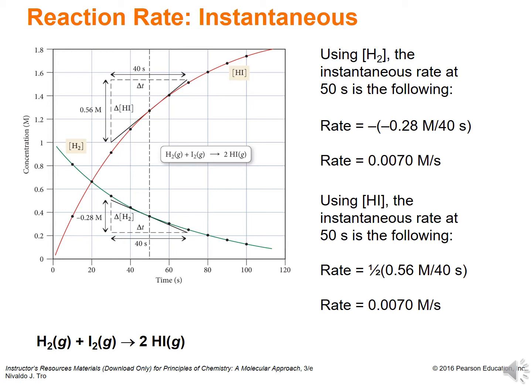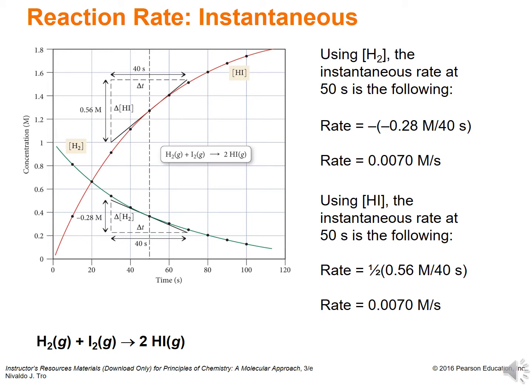In this case, first, let's look at the H2. Using the concentration of H2, the instantaneous rate at 50 seconds is, if we recall that we're dealing with a reactant, therefore we need to negate it, so rate equals negative. Then if we look at that change in H2 toward the bottom of the graph, from that tangent line we've drawn, we'll look at times going from, say, 30 seconds to 70 seconds, and we've decreased our concentration by 0.28 molar in that range, a 40-second interval based on the tangent line we've drawn.